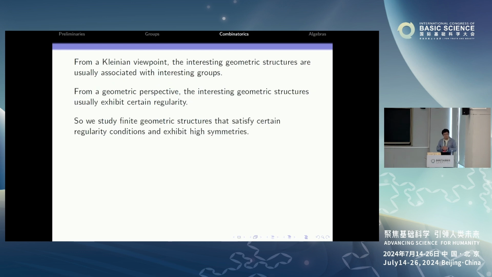From a Kleinian viewpoint, the interesting geometric structures are usually associated with interesting groups. From a geometric perspective, the interesting geometric structures usually exhibit certain regularity. So we study finite geometric structures that satisfy certain regularity conditions and exhibit high symmetries.